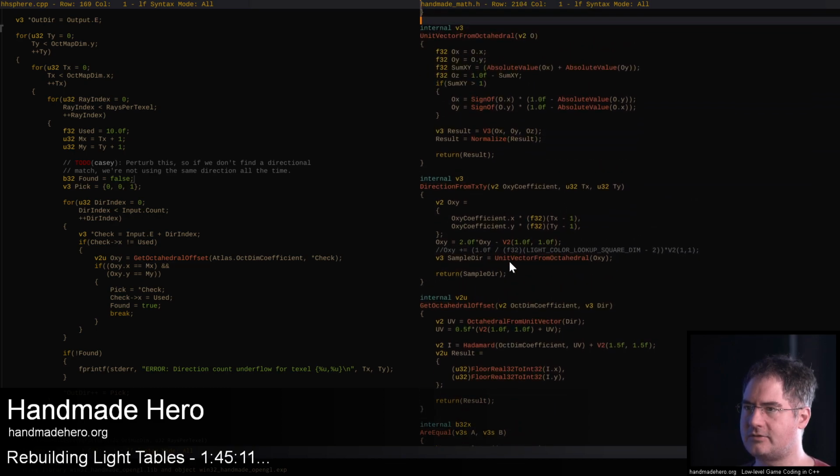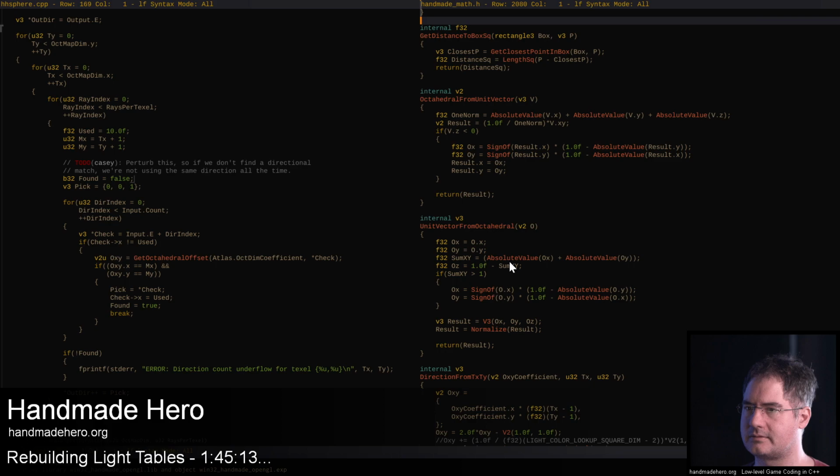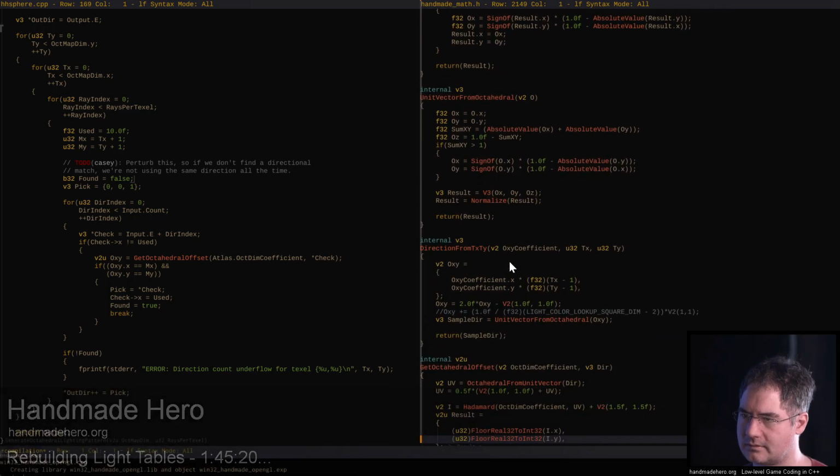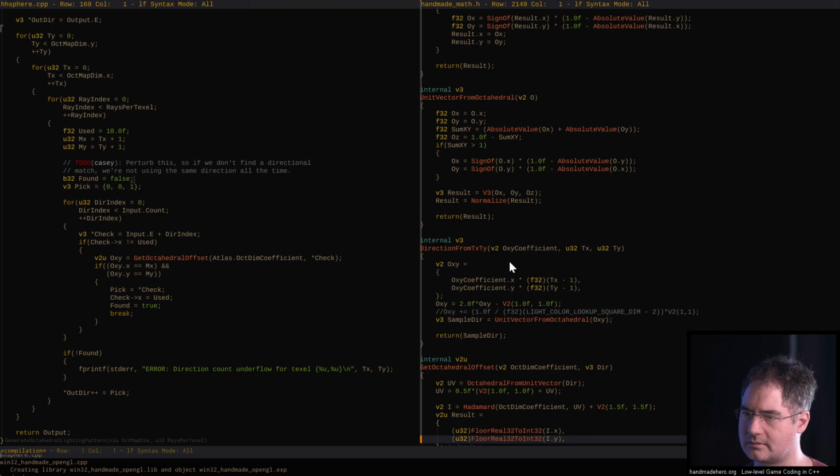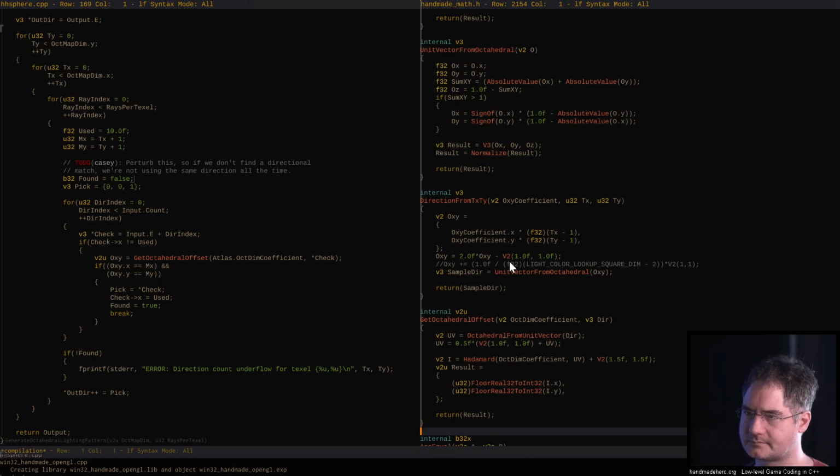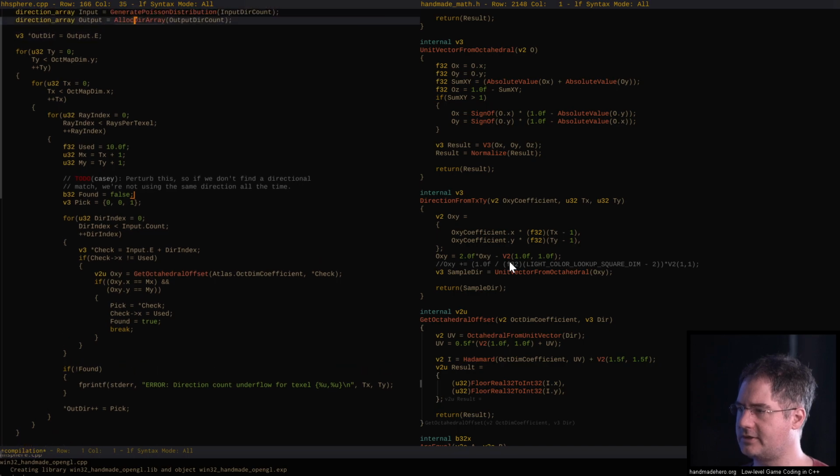So, octahedral from unit vector. So this will be correctly using the +1 offsets.